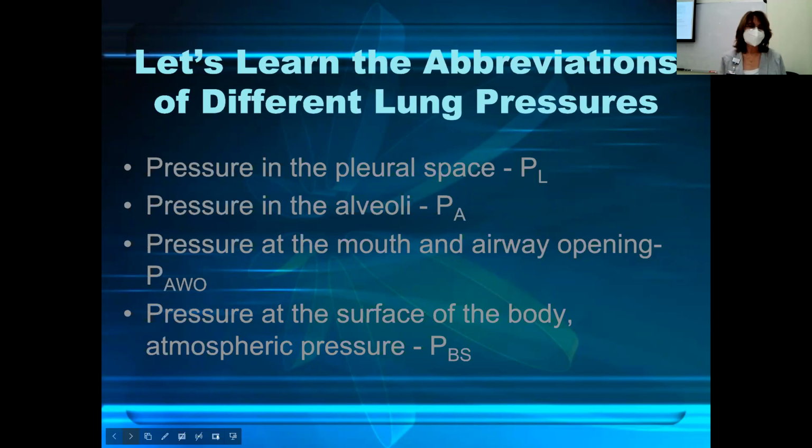And pressure at the surface of the body would be atmospheric pressure, and that's abbreviated BS. BS for atmospheric pressure. Body surface, I guess, BS, body surface, is atmospheric pressure.